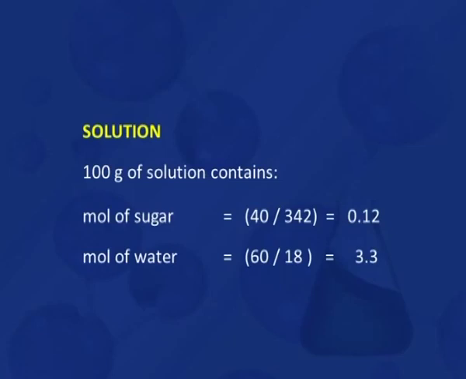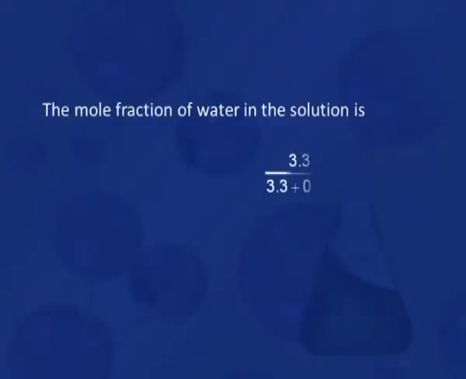Hence, it contains 40 upon 342 equal to 0.12 moles of sugar and 60 upon 18 equal to 3.3 moles of water. Now, the mole fraction of water will be equal to the number of moles of water upon total number of moles, which is equal to 3.3 upon (3.3 plus 0.12), which is again equal to 0.96.